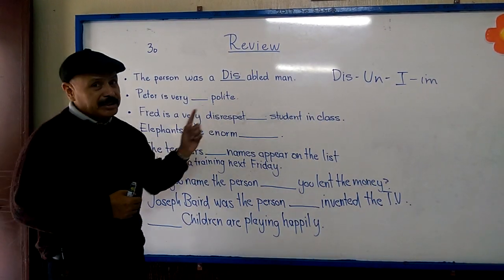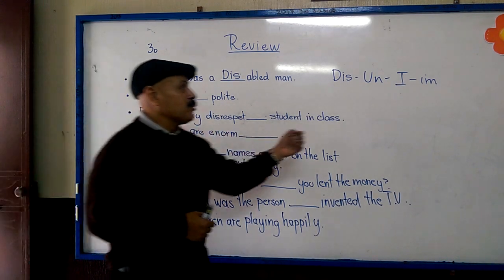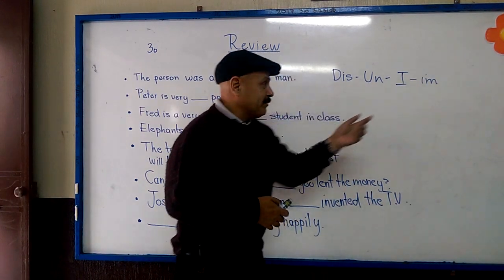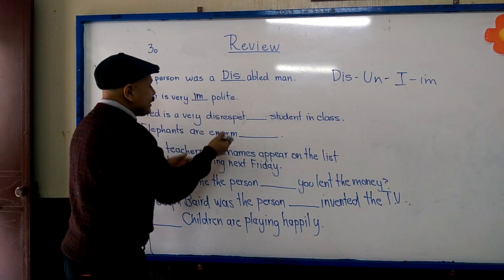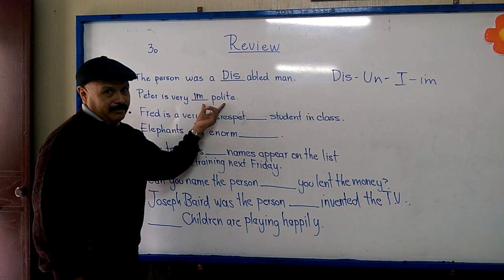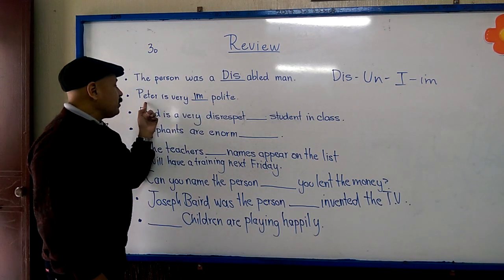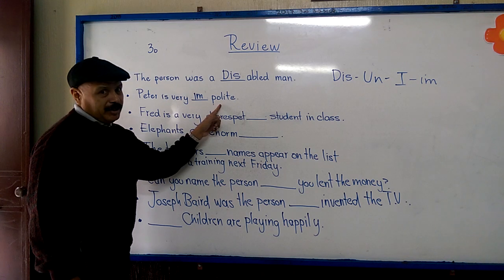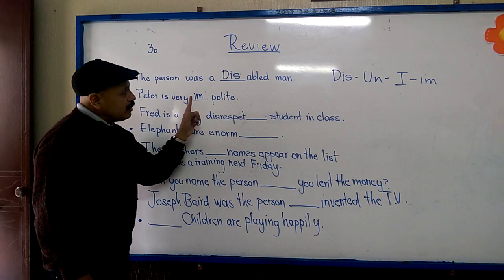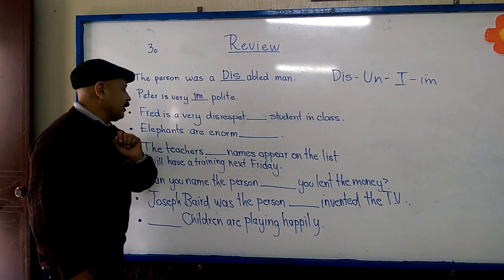But in this case, we are going to use im to make it negative. So, impolite. Impolite, descortés. Entonces, dice Peter es una persona descortés. In English, im; en español, des, descortés.